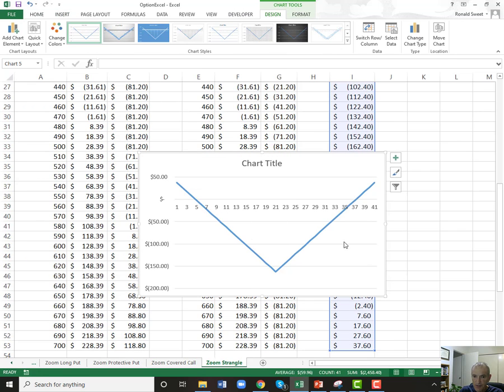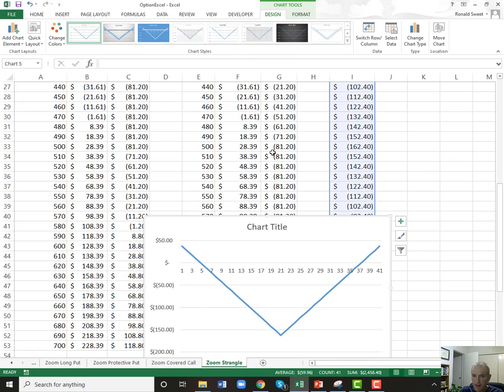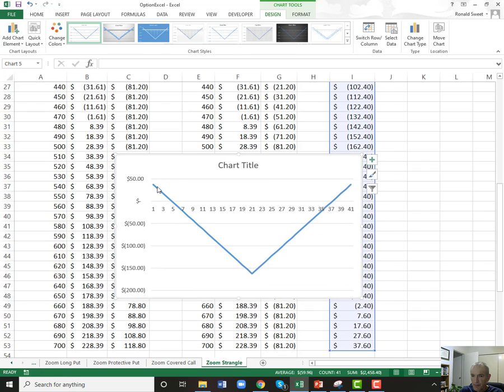This one is exactly a V because I just happened to hit numbers where I don't have enough. If I had a few more spots in here, it would actually work. But it looks exactly like a V. But you should actually get a little bit of a shallow at the bottom if you're in a strangle.